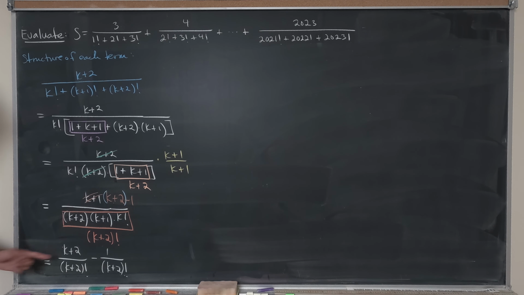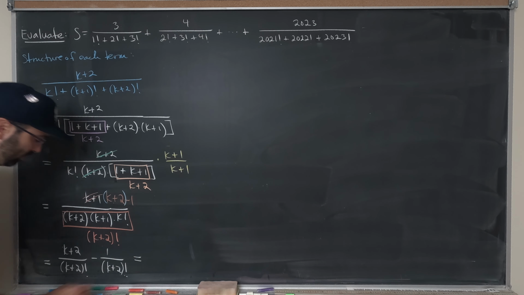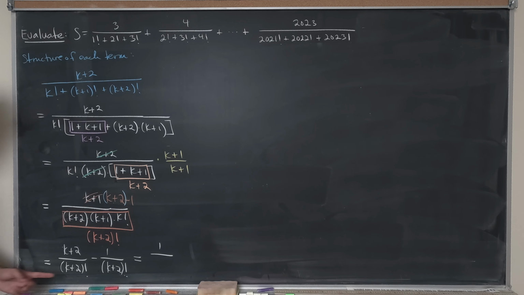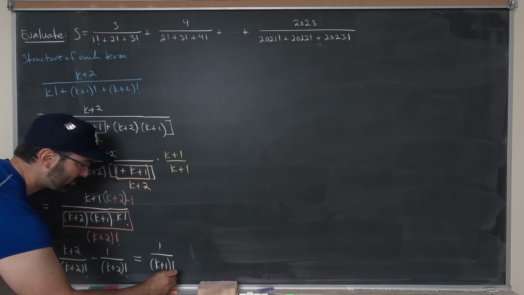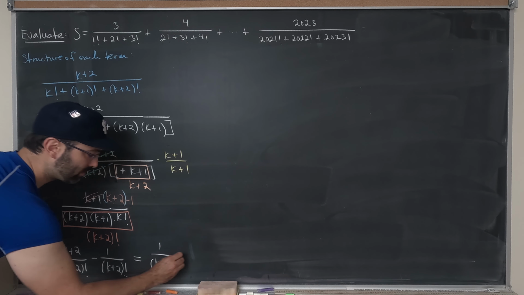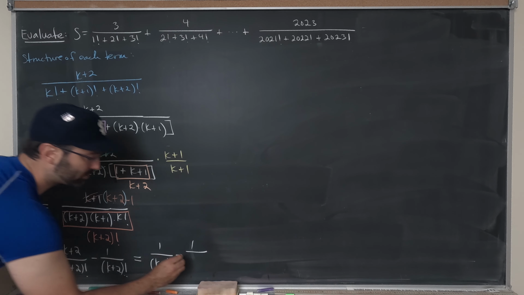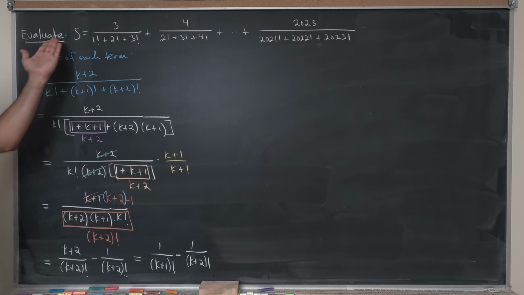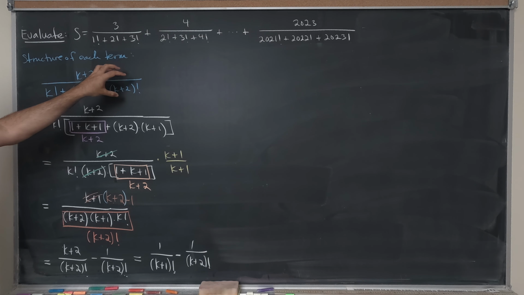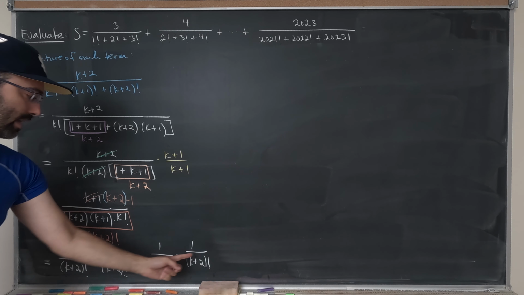Having done that, the first fraction simplifies. The k plus 2 upstairs and the k plus 2 factorial downstairs cancel. So we're left with 1 in the top, and then k plus 1 factorial downstairs, minus 1 over k plus 2 factorial. Okay, good. So this sum, any one term can be expressed like this, but when we simplify that, it actually looks like this.